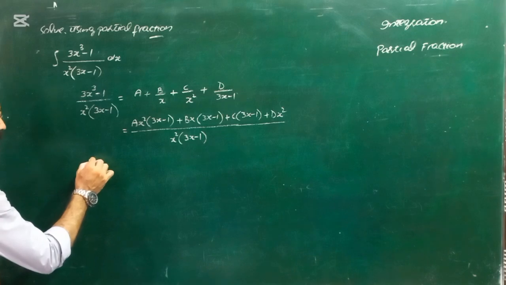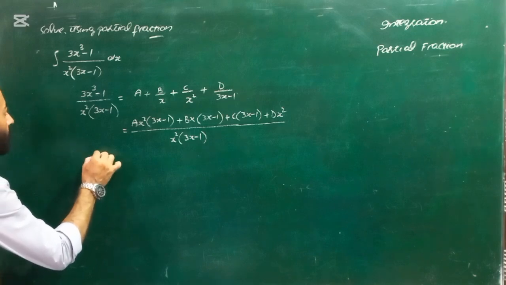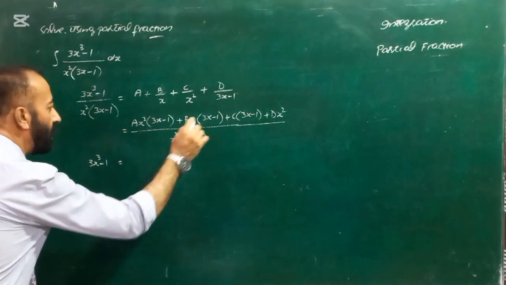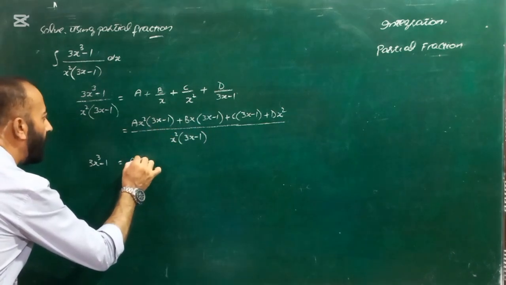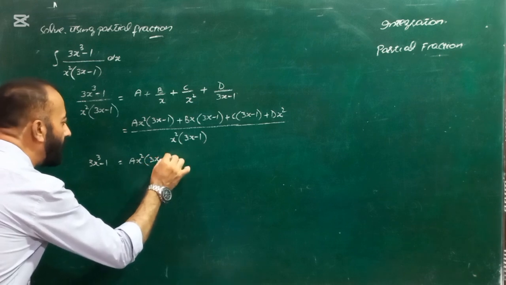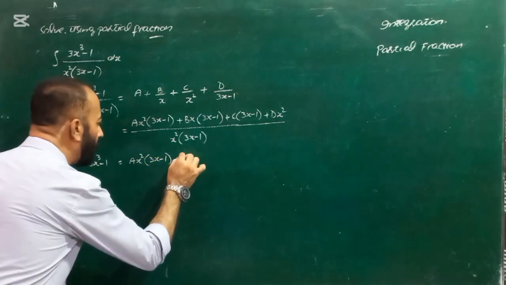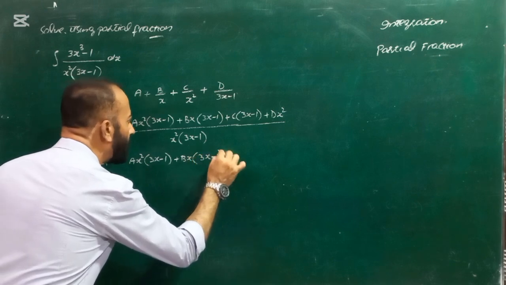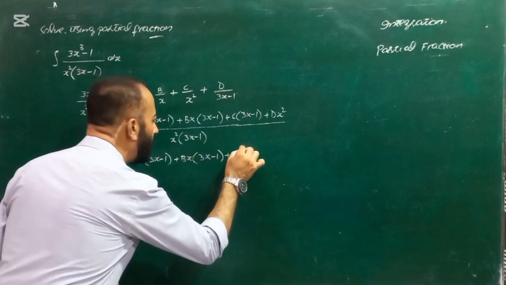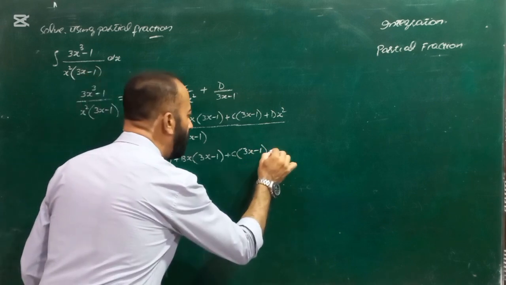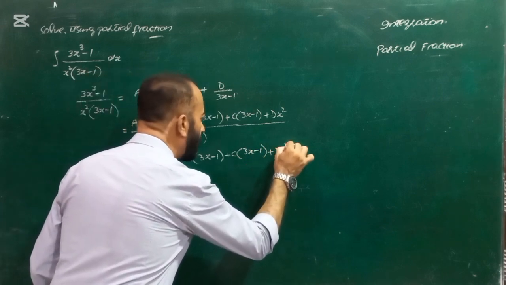On the left hand side now we have 3x cube minus 1, and on the right hand side this full factor is as it is, that is a x square into 3x minus 1 plus b x into 3x minus 1 plus c into 3x minus 1 plus d x square.